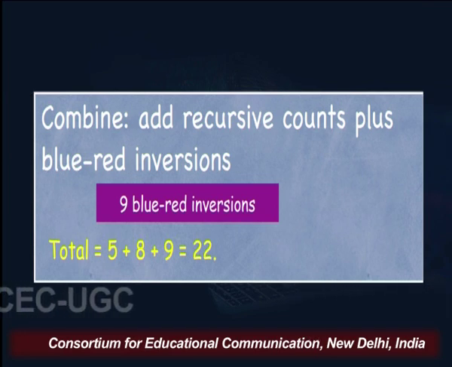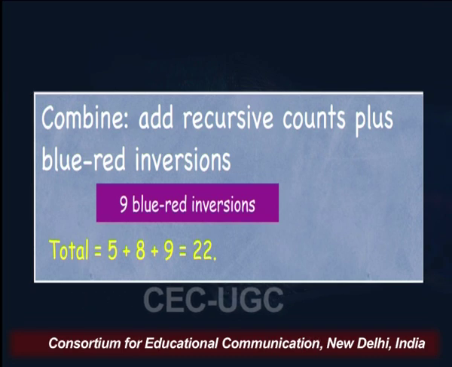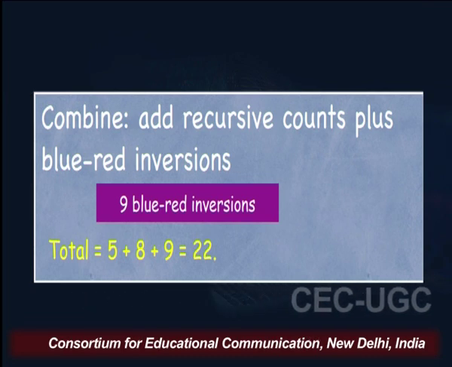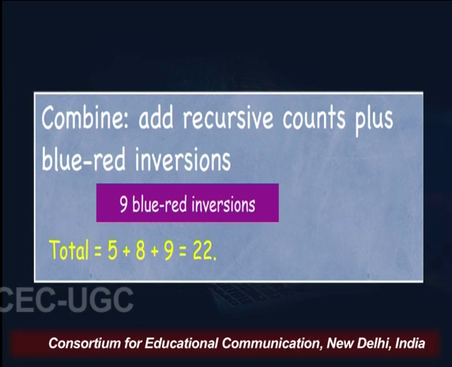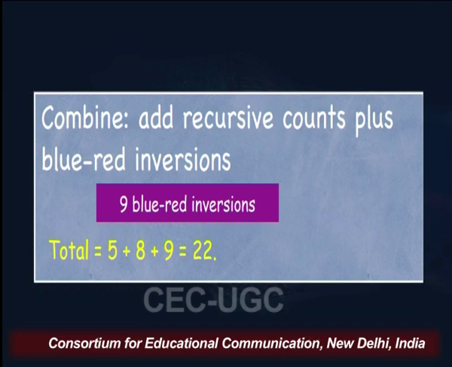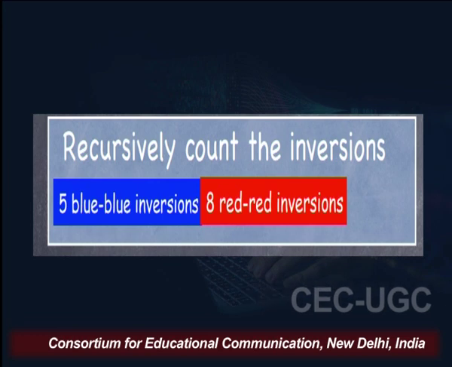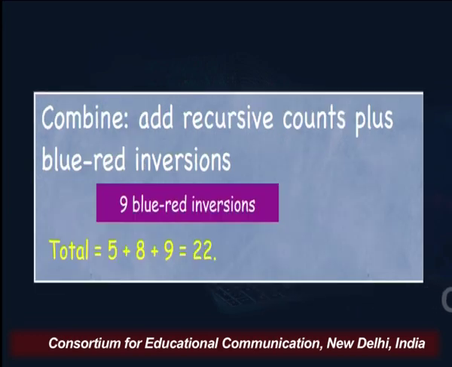After sorting the blue and red sublists, we are going to add the recursive counts plus the blue-red inversions. Blue inversions were 5, red inversions were 8, and you can verify that there are a total of 9 blue-red inversions. So in totality I have a total of 22 inversions, which is 5 plus 8 plus 9.